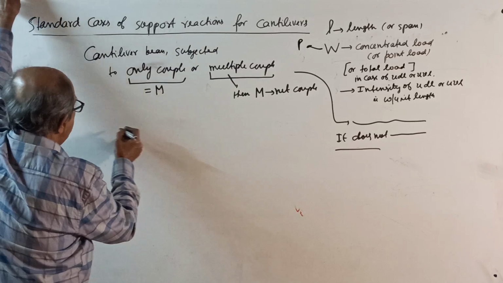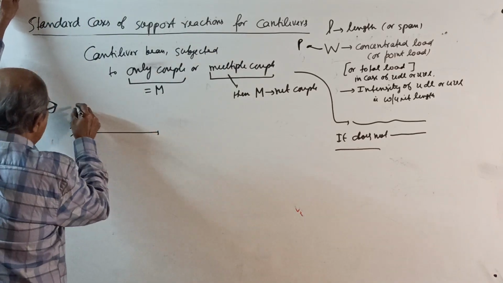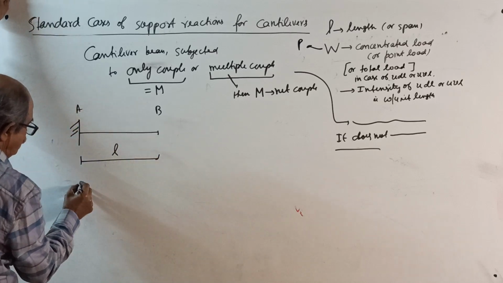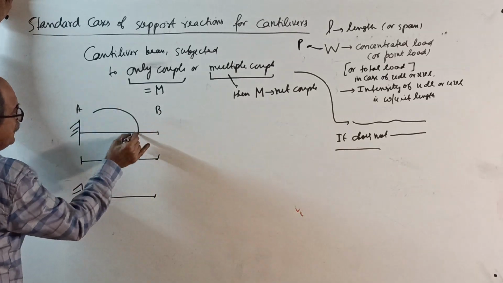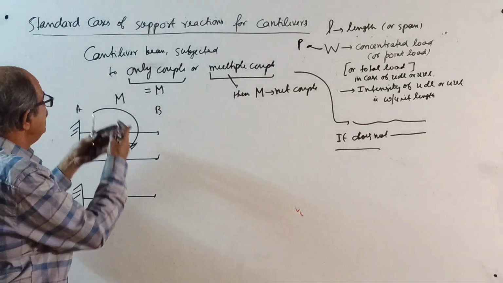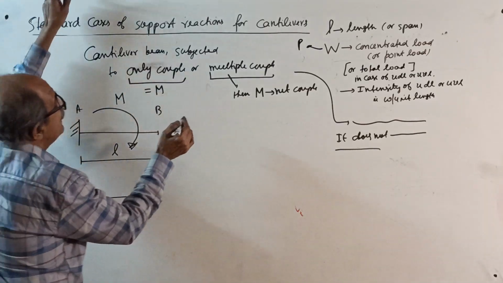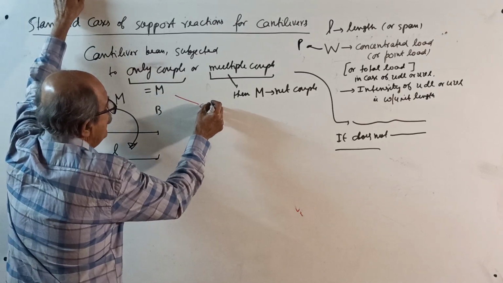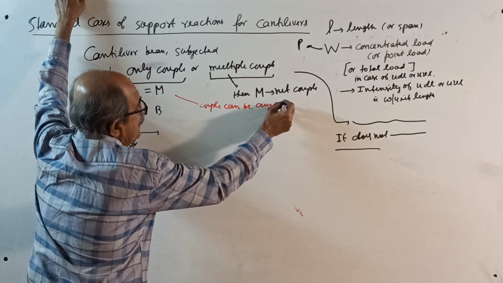So, two cases here. Imagine a cantilever beam fixed at left end A, B, span L. Let there be a net clockwise couple M, left side fixed. Where? Anywhere. I am not writing where. Couple can be anywhere, does not matter where.